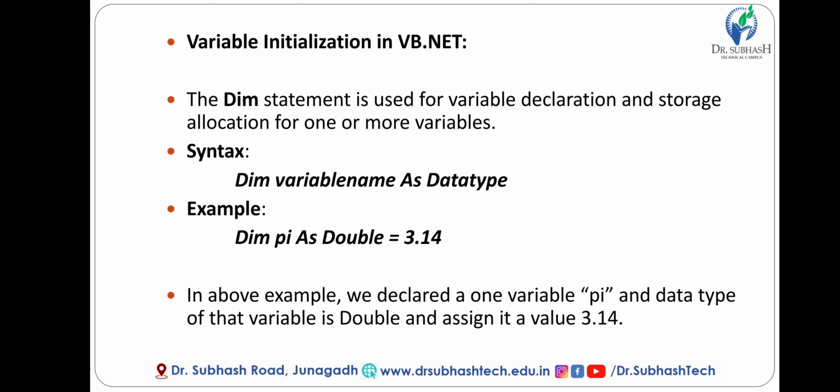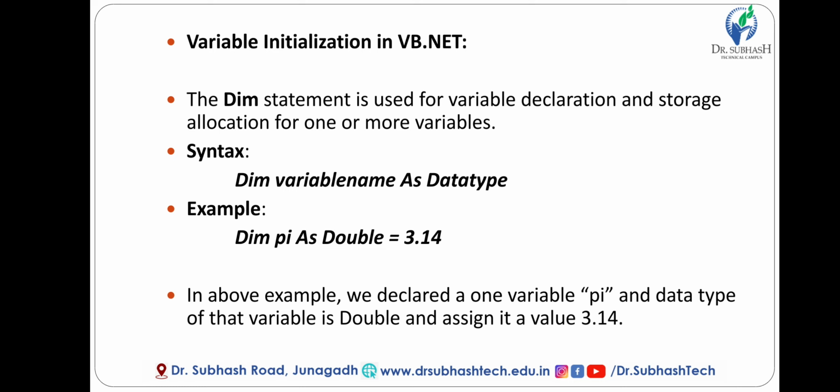After giving some space, if you want to enter some value in that space, then it is called variable initialization. So after giving some space to a particular name or variable, there is a requirement that we assign some value in that variable. The Dim statement is used for variable declaration and storage allocation for one or more variables.